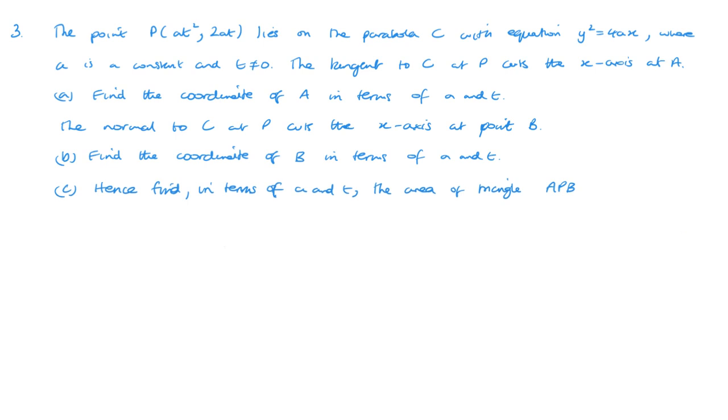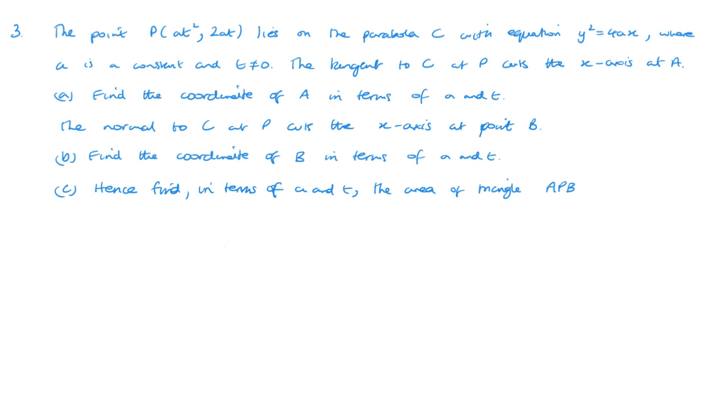Okay, the point P lies on the parabola C with this equation, so it's just general equations, where a is a constant. The tangent to C at P cuts the x-axis at A. Find the coordinates of A in terms of a and t.